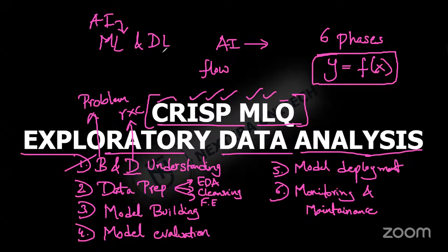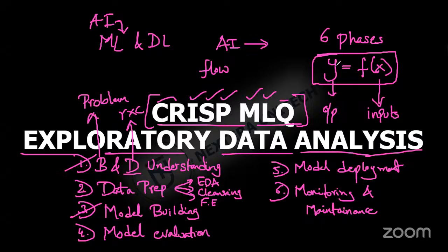Using machine learning or deep learning, we have the algorithms. Using these algorithms on the data will give us a model. That model will be built as part of phase 3. In short, a model is nothing but a mathematical equation in which X represents input features, and Y represents the output feature, your target column, your label column.